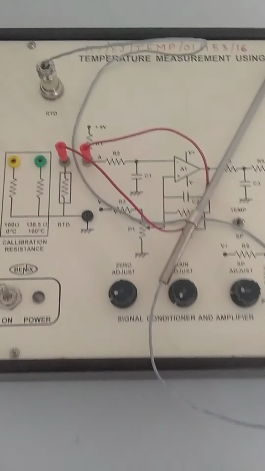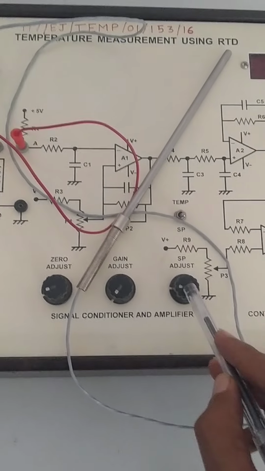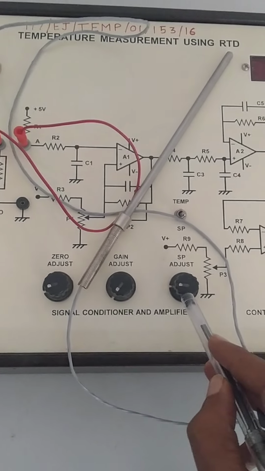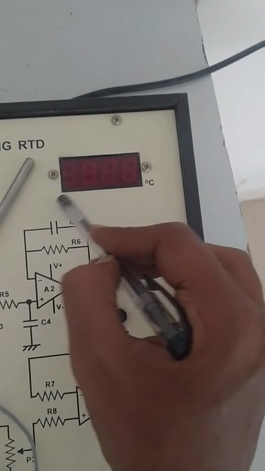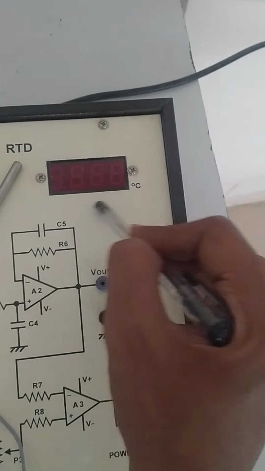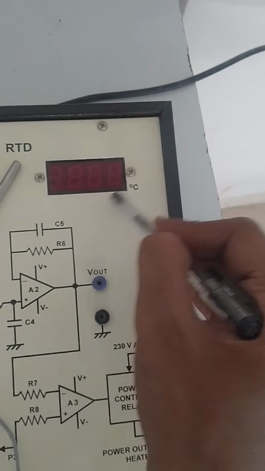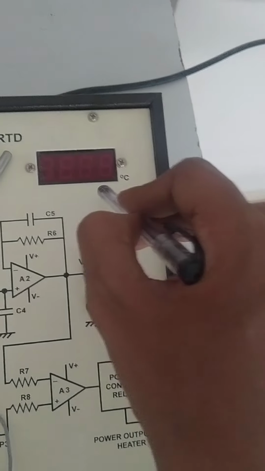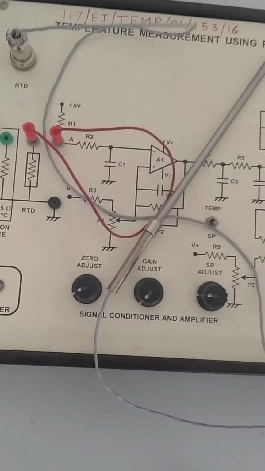The kit has a zero adjustment, a gain adjustment, and an SP, set point adjustment. There are LED indicators, light emitting diodes, and four 7-segment displays to indicate various values. So this is the setup.